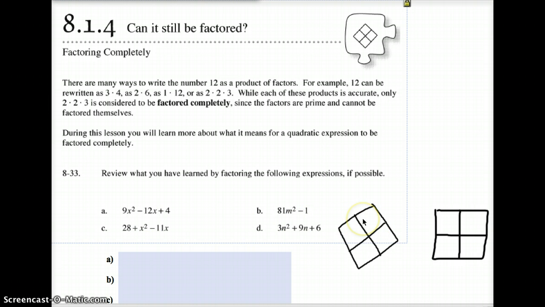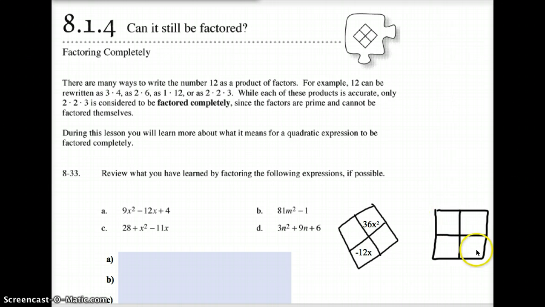So, for example, let's do the diamond and rectangle. What is 9x squared times 4? Hopefully you're saying that's 36x squared. And the middle term, which is negative 12x, goes right down there.